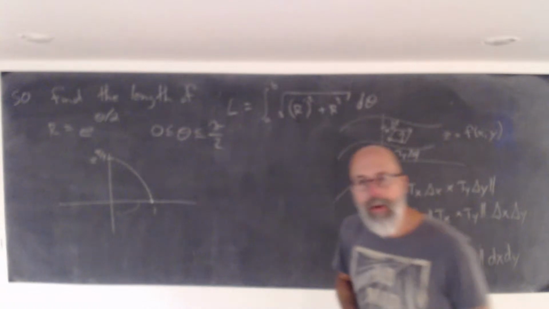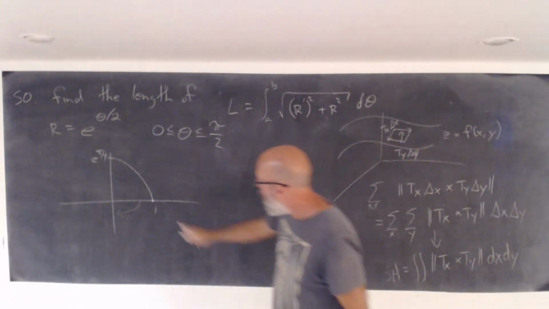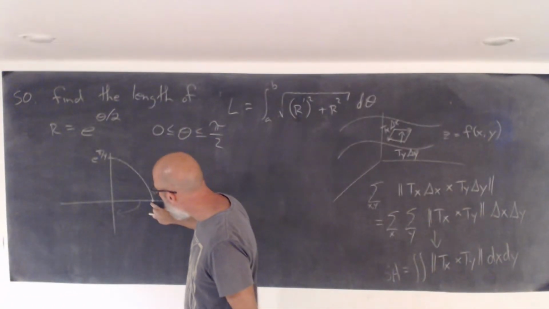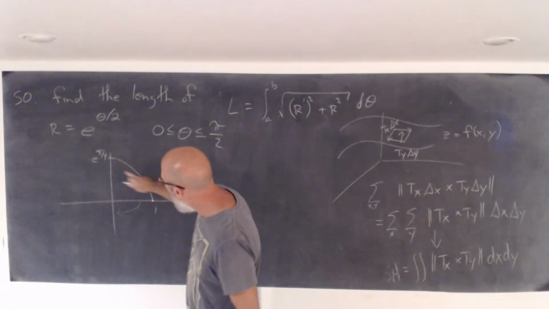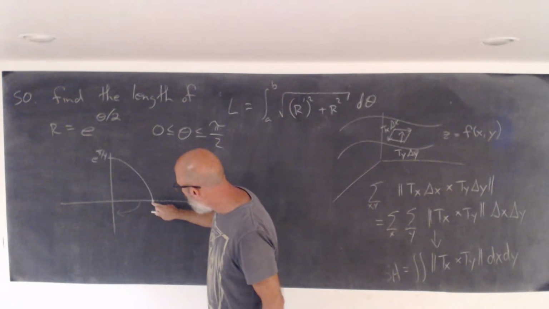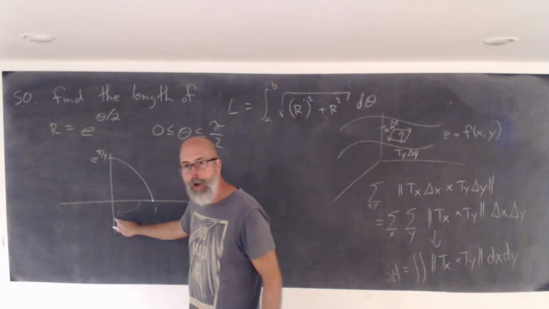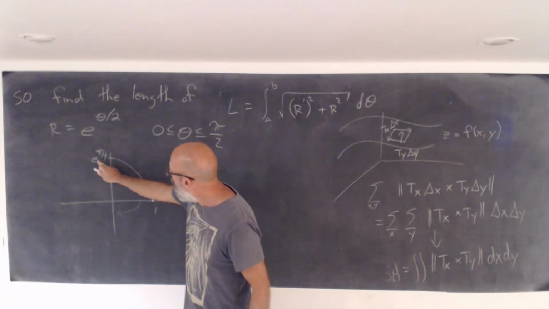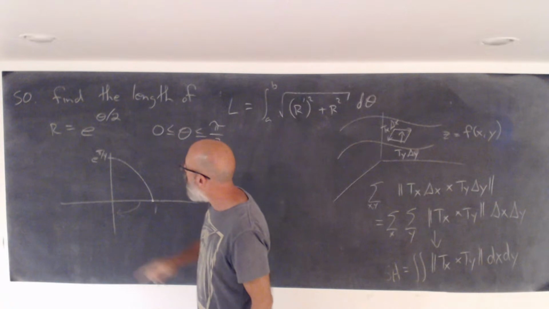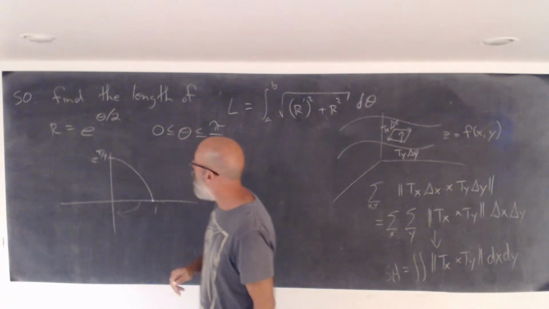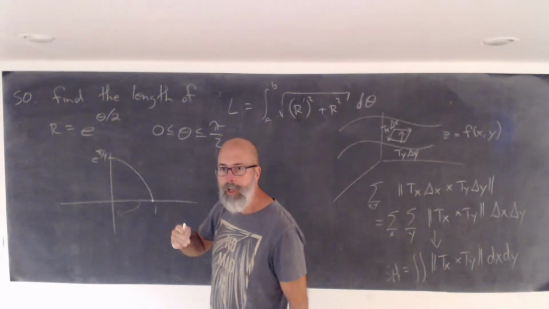What happens then? This is 0. What if we start plugging in negatives? What happens from 0 to negative pi over 2? At negative pi over 2, this is e to the negative pi over 4. So it's 1 over e to the pi over 4.